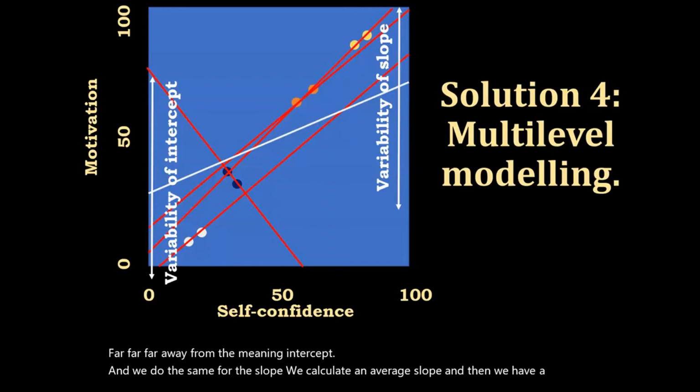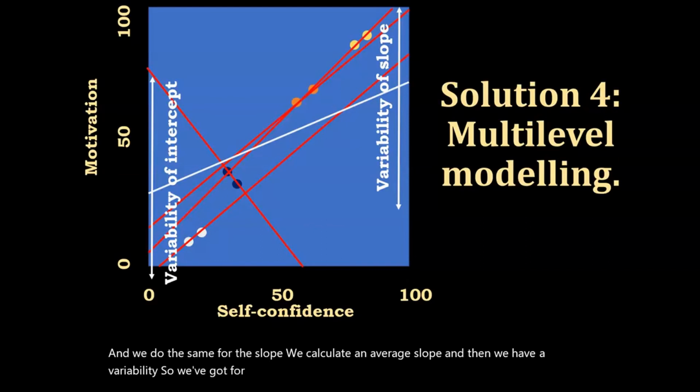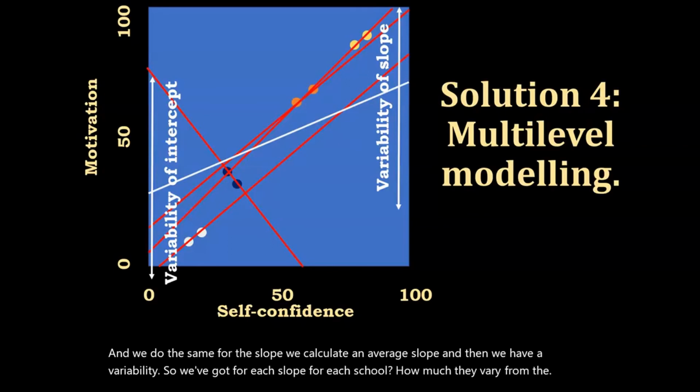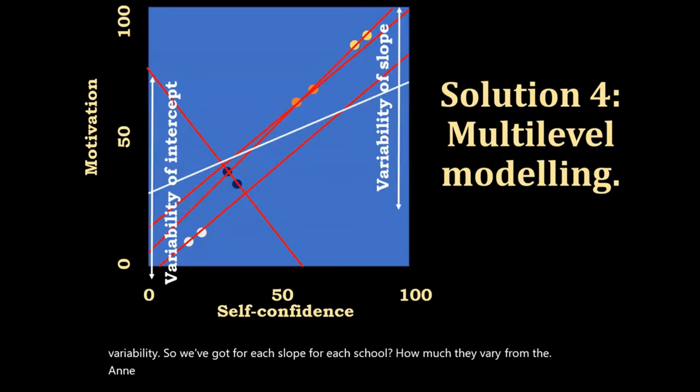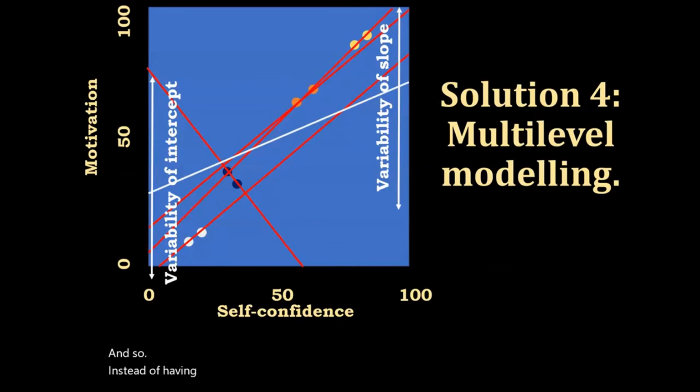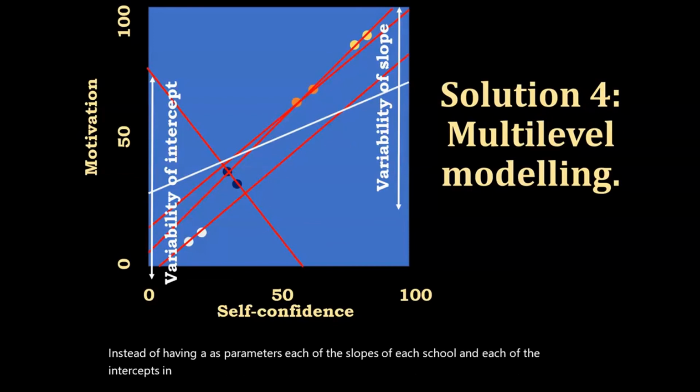So for each slope, for each school, we've got how much they vary from the mean slope. So instead of having as parameters each of the slopes and each of the intercepts of the schools, we calculate either the standard deviation or the variance.